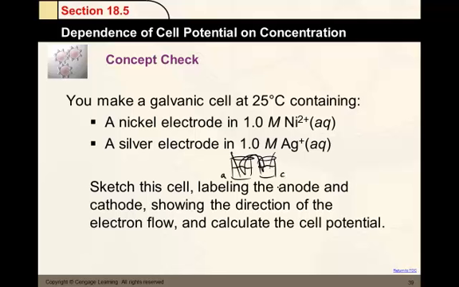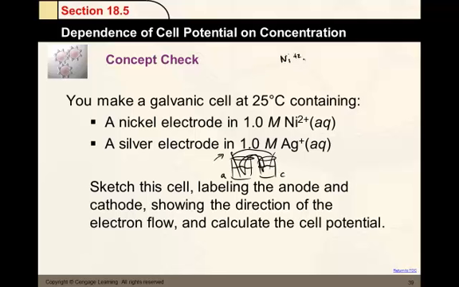One of them will be nickel and one will be silver. And then there's going to be a wire that connects those, and electrons will flow in this direction. So that's pretty easy. But now we have to figure out what's in the anode side and what's in the cathode side. So I will go to my standard reduction potential chart and just look up the information.